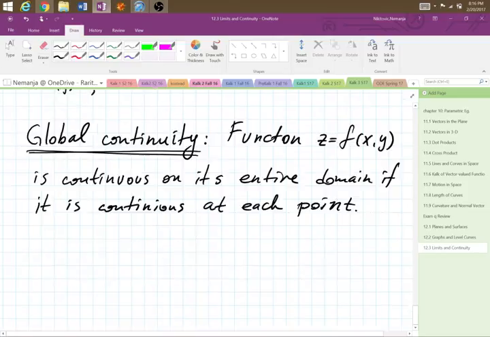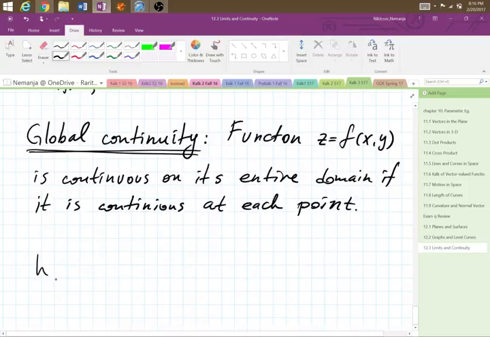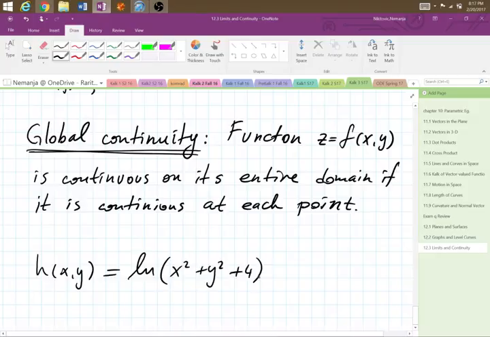How would you answer the question if h of x, y is a continuous function and you have ln of x squared plus y squared plus 4? Well, you know that the inside is continuous because it's polynomial, right?